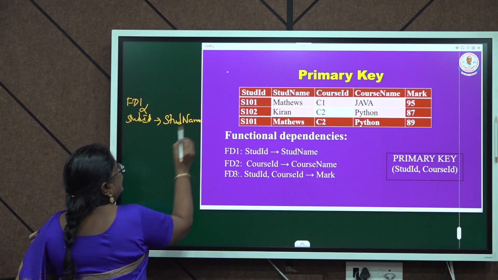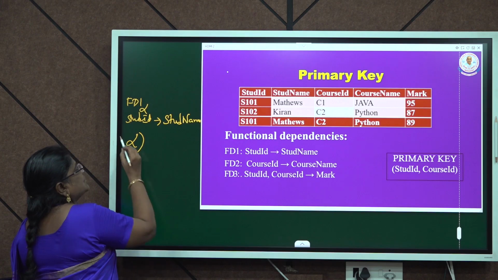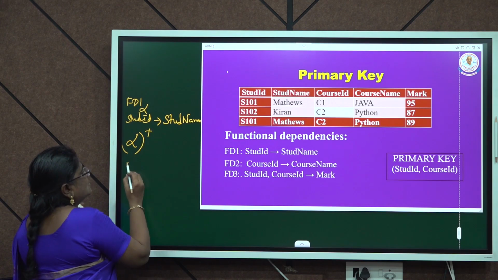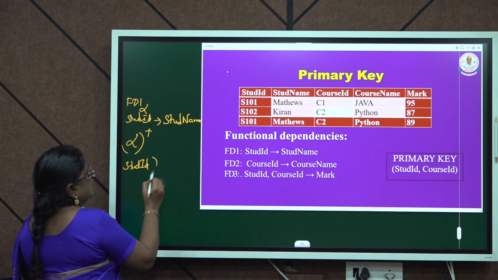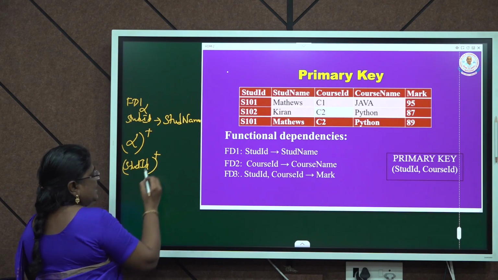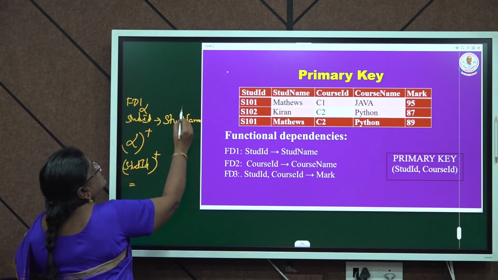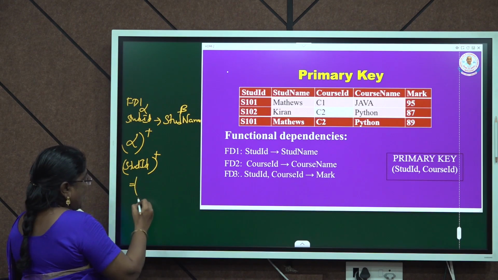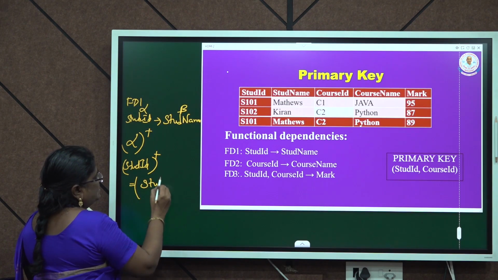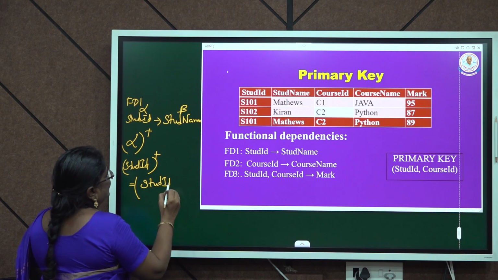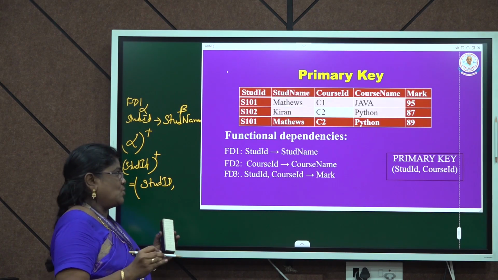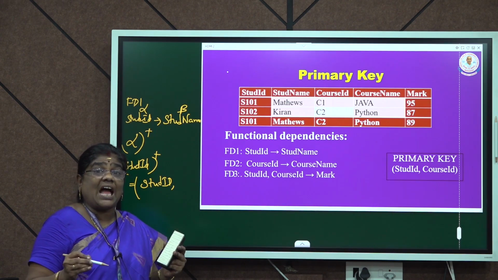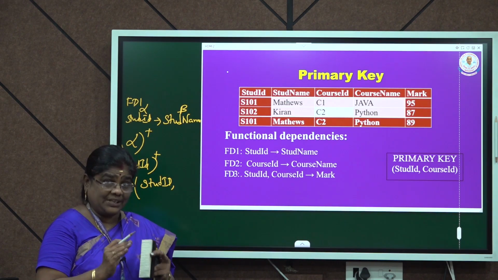We have to find the alpha closure. What is alpha? Student ID closure. Stud ID, I have mentioned here as stud ID. Stud ID closure is equal to, and this is beta, I have to include alpha first. So, stud ID, and then I have to check in the remaining functional dependencies whether there is any alpha alone, that is student ID.